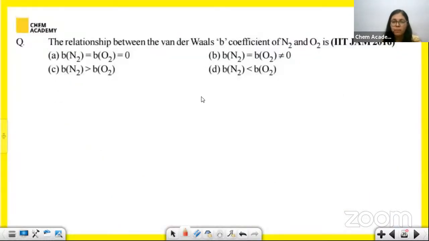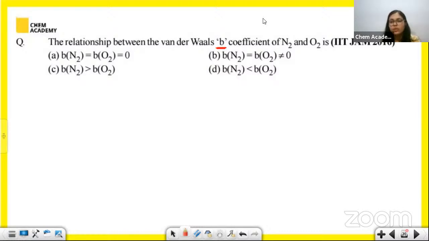So moving on, this question says: the relationship between the van der Waals B coefficient of N2 and O2 is. What will be the relationship between the van der Waals constant B of N2 and O2?